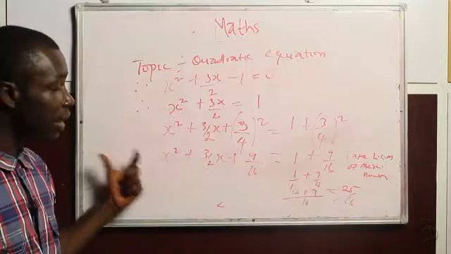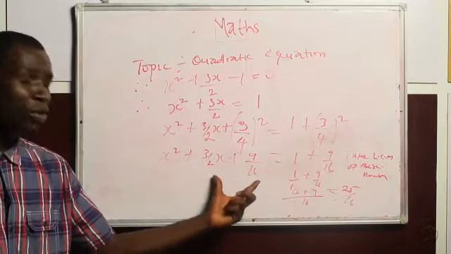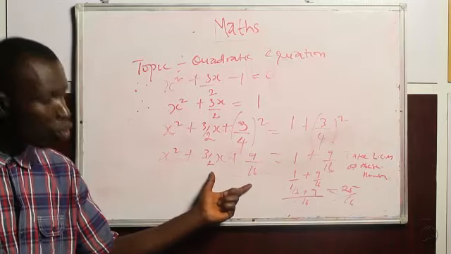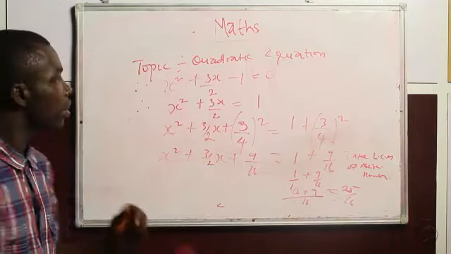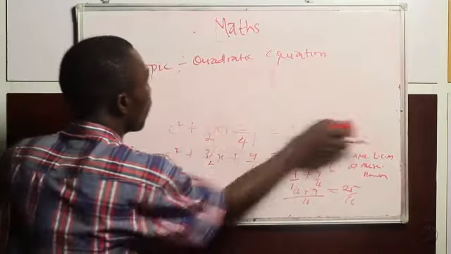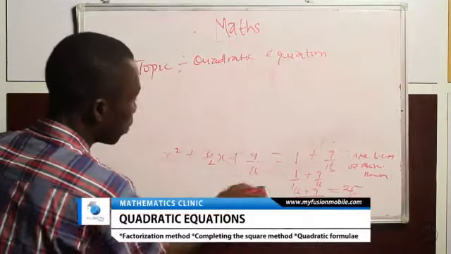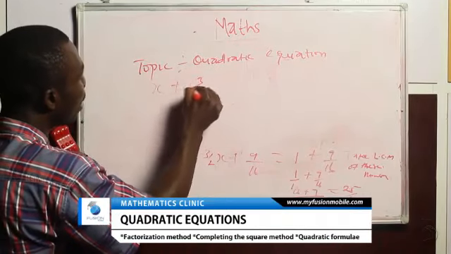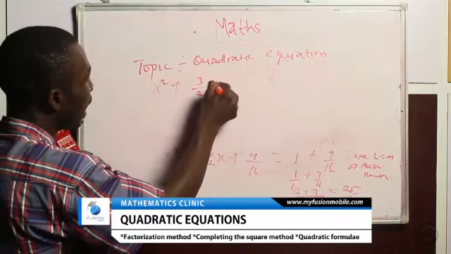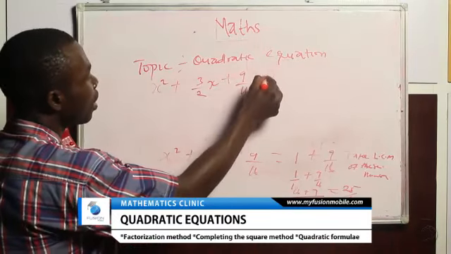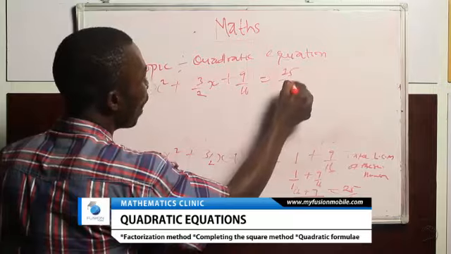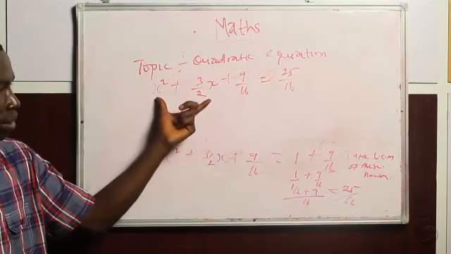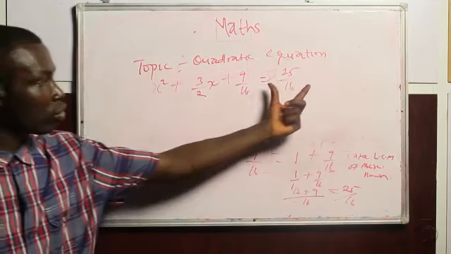In our left hand side, we have this. We have to factorize this equation, because that's the next step we are going to take to solve for the value of x. Let us continue. Therefore, we have x squared plus 3 over 2x plus 9 over 16 equal to 25 over 16. Now, when we factorize this equation, we are going to equate it with this.